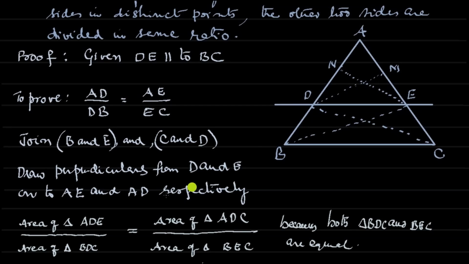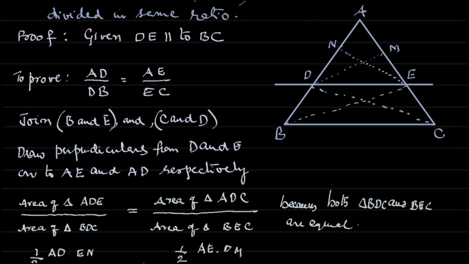Now you see the triangles. Pay your attention to triangle ADE. This is one triangle. DBC, this is one triangle. BEC, this is one triangle. You have to take a look.